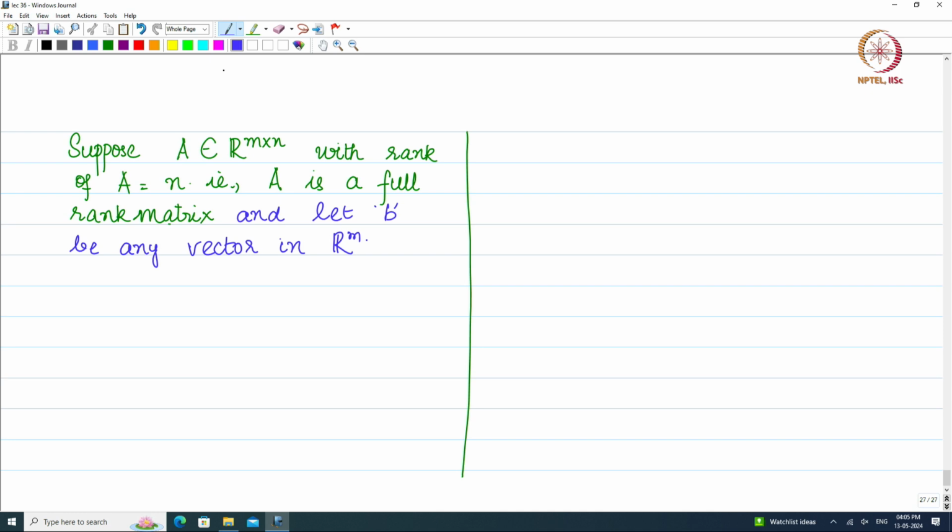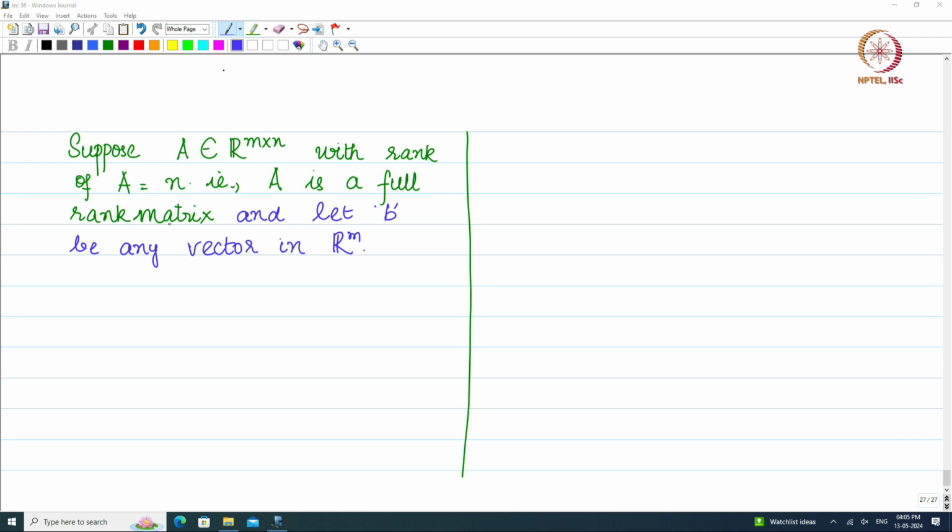That means we are just saying B is a vector in R^m, which is not in the column space of the matrix A.